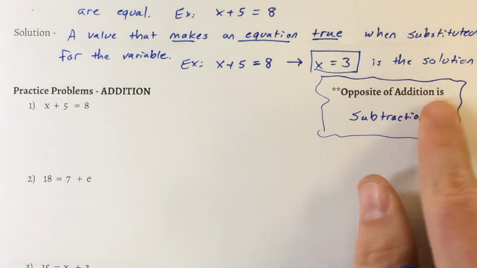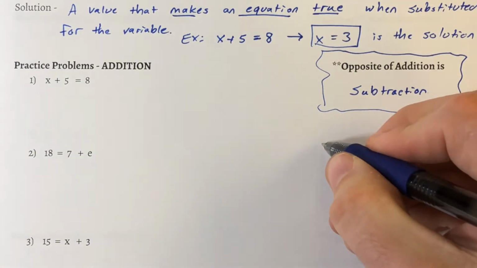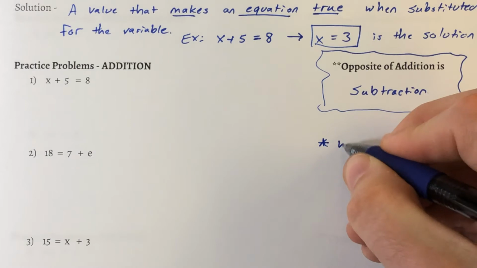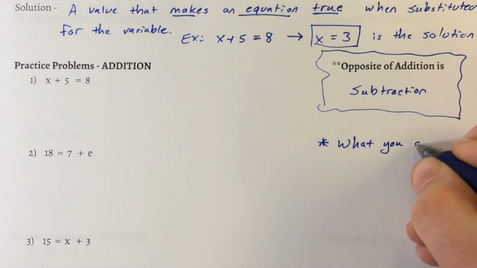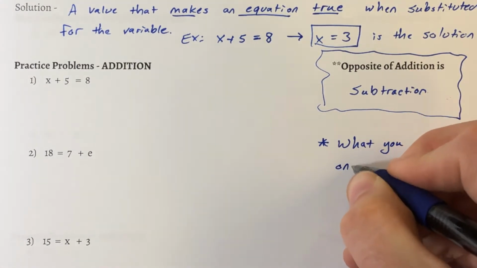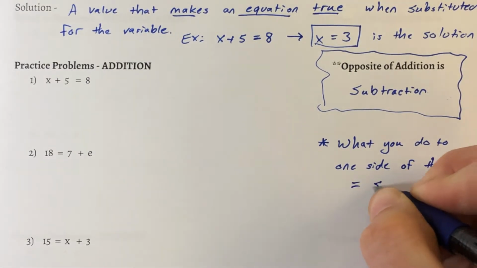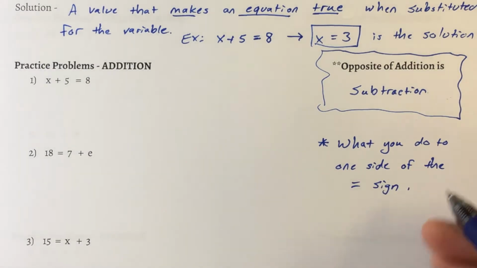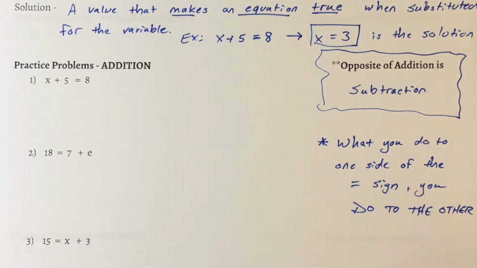And besides knowing the opposite of addition is subtraction, the primary thing we need to know to solve any equation, no matter how advanced, is what you do to one side of the equal sign, you do to the other. So again, what you do to one side of the equal sign, you have to do to the other.